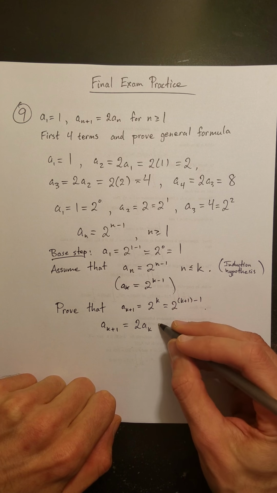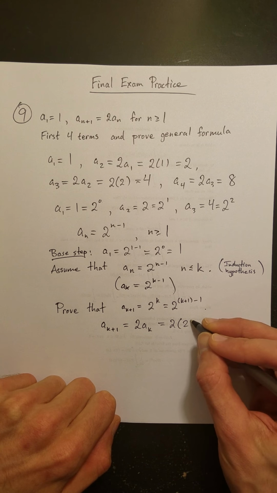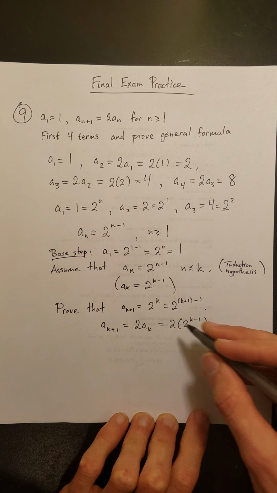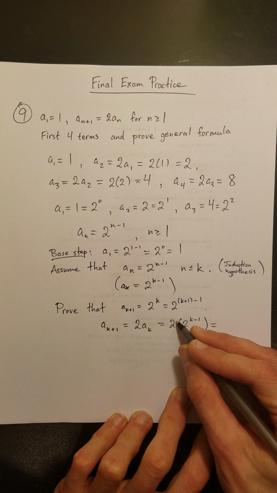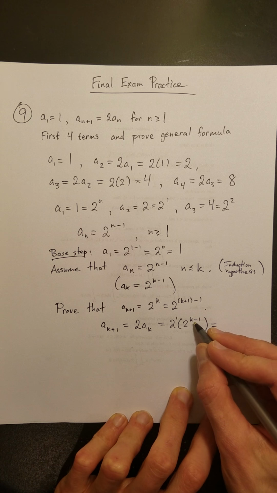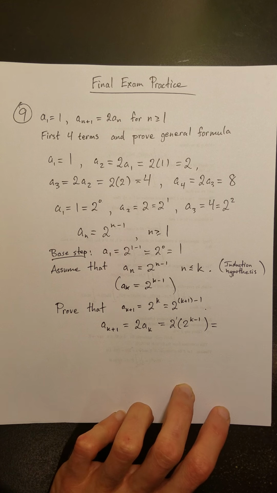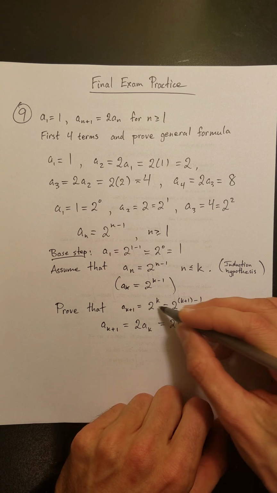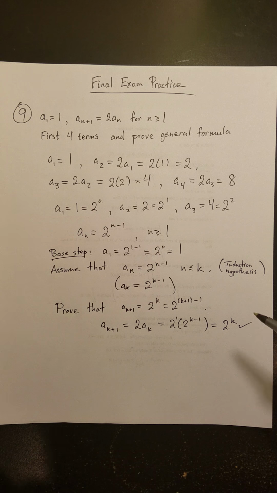We know that a_k is equal to 2 to the power k minus 1, right? And so this gives us, we just add a 1 to the power, so we have k minus 1 plus 1, which is equal to 2 to the k. So the formula that we were trying to prove holds, and follows from our induction hypothesis.